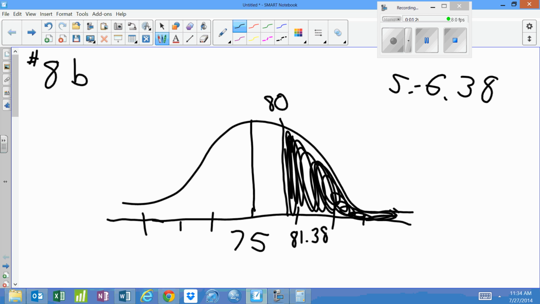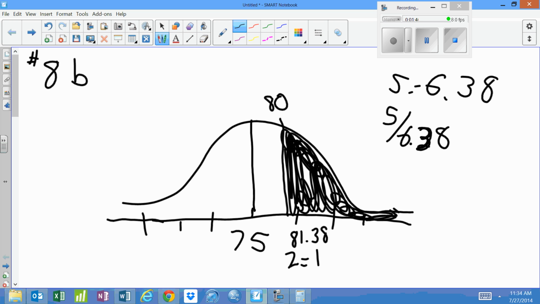Okay, first of all, we need to figure out what our z-score of 80 is. So we know that our z-score here is 1 because it's one standard deviation. This is going to be a little less. So basically, to find a z-score, you're going to take your distance from your mean. So 80 is 5 away from 75. So we're going to take our 5 and divide it by the 6.38.